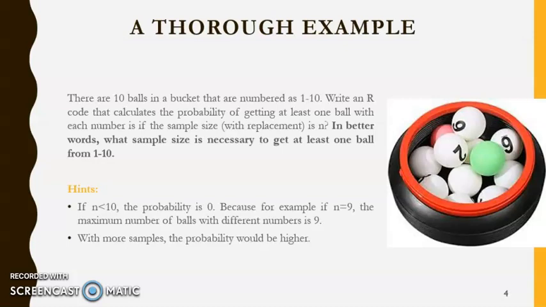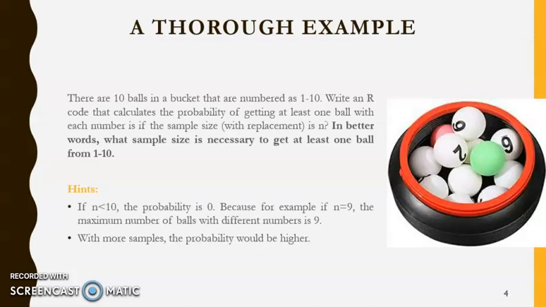It says there are 10 balls in a bucket that are numbered 1 to 10. And the bucket that you see here depicts this situation. So we have a bucket that has 10 balls, and the balls have numbers on them, 1 to 10.